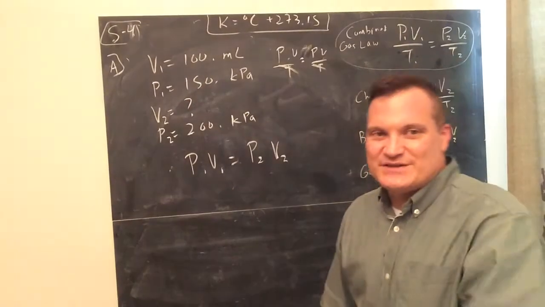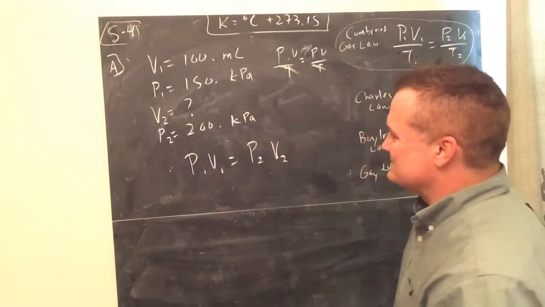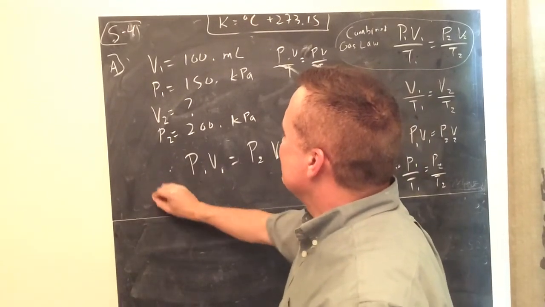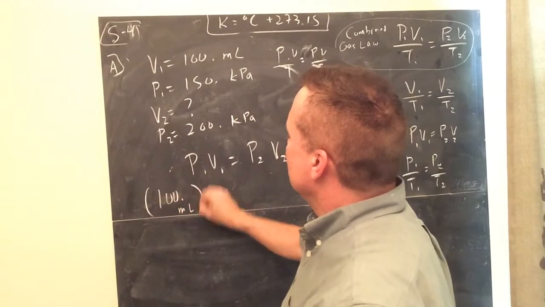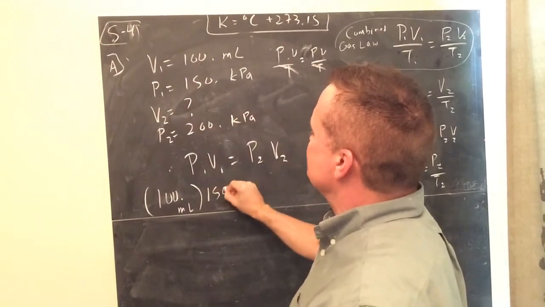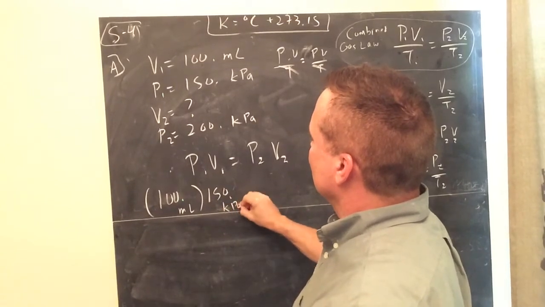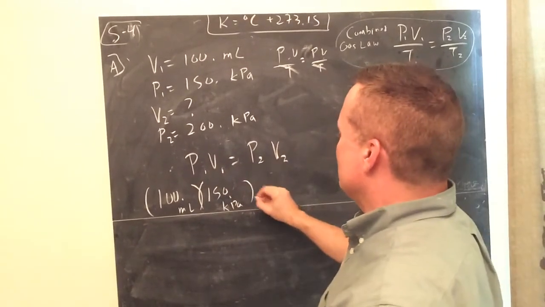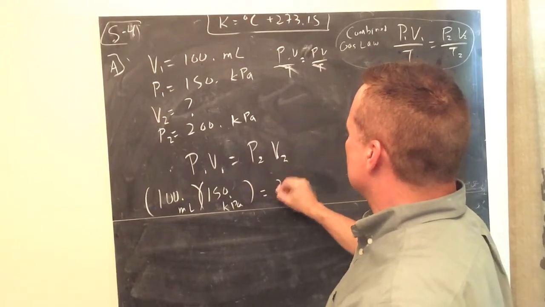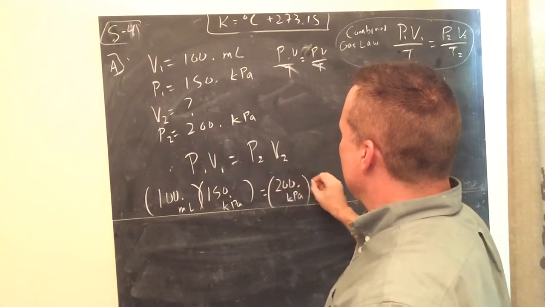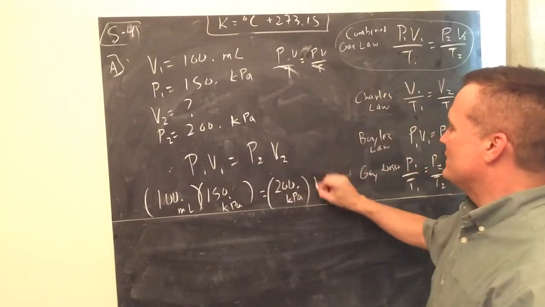Well, maybe I'm confusing you by saying all that. Let me just plug the numbers in and do it. All I'm trying to say is the 100 in the equation has to go next to the pressure that it was paired with. If you put 100 there and then 150 over there, you'll get mixed up. P2 is 200 kilopascal. And then V2 we don't know.